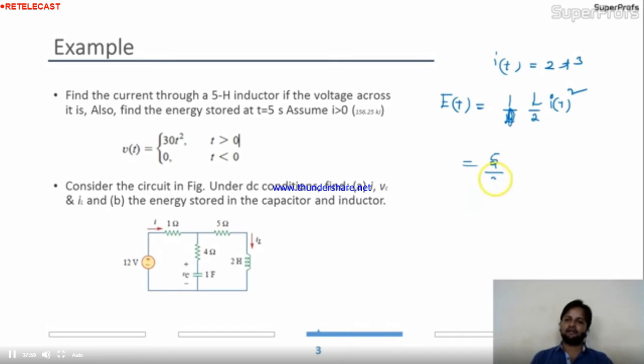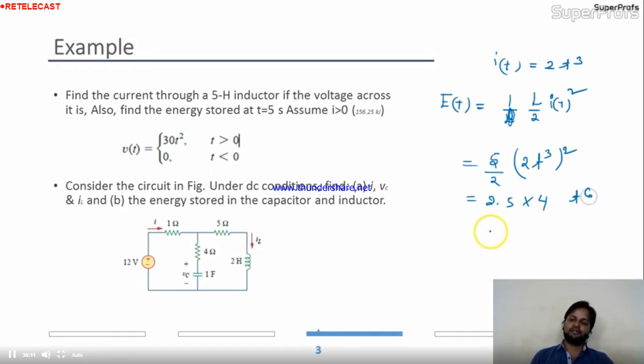L is given as 5, divided by 2. i(t) is 2t cube, squared. So this is 2.5 into 4 into t to the power 6. So this is nothing but 10 into t to the power 6.